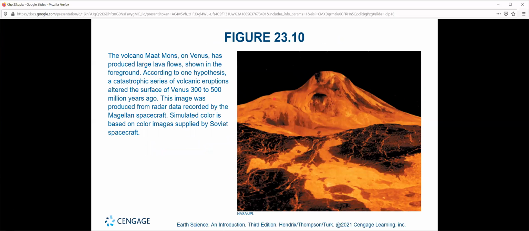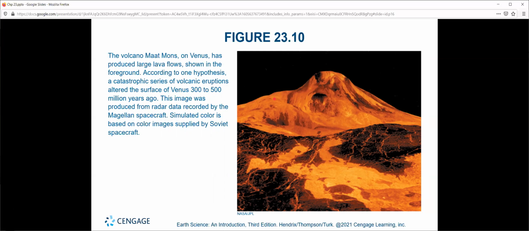Here is the volcano Maat Mons on Venus. It has produced large lava flows as shown in the foreground here. This, of course, would not be an actual picture of it. I believe this is just an artist rendering of the volcano. According to one hypothesis, a catastrophic series of volcanic eruptions altered the surface of Venus some 300, 500 million years ago.